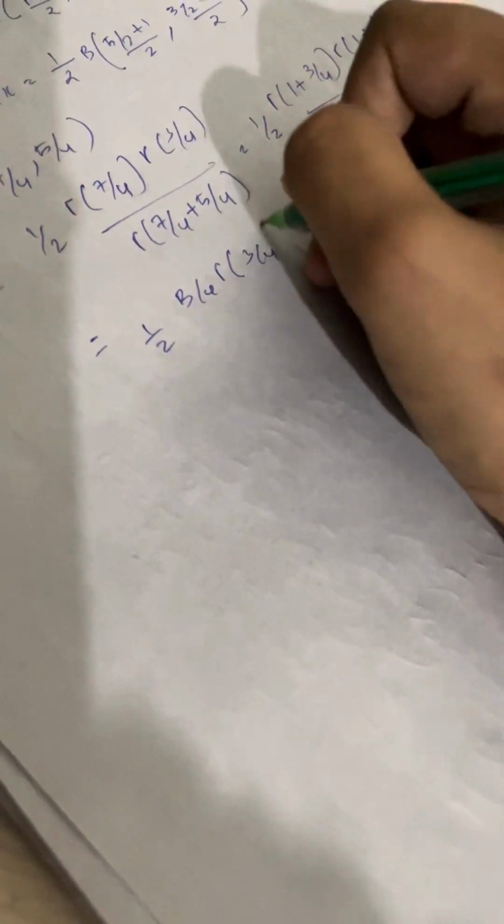Hence this is equal to 1 by 2 into 3 by 4 gamma of 3 by 4 into 1 by 4 gamma of 1 by 4 by 2 factorial, which is equal to 3 by 64 into gamma of 3 by 4 into gamma of 1 by 4, which is equation number 1.